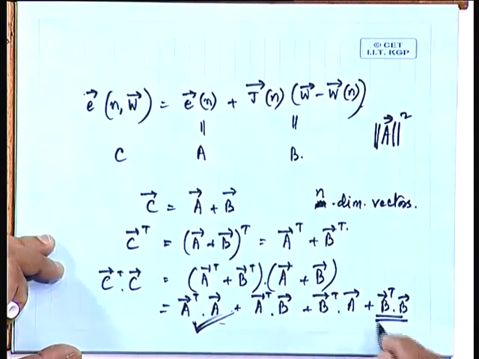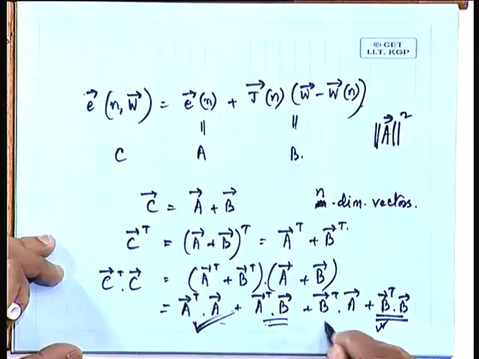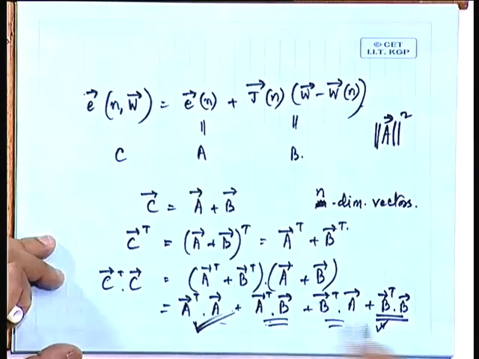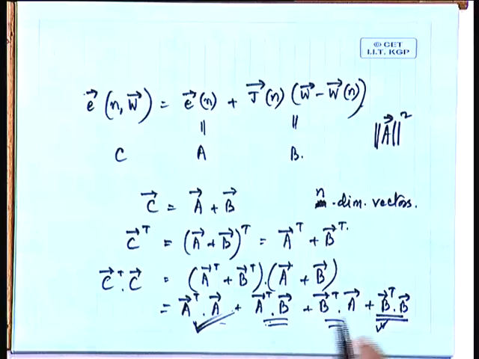Now, the question is about these two cross terms, that is A transpose B and B transpose A. Now, A vector and B vector being vectors, both of them are going to be equal. Why?